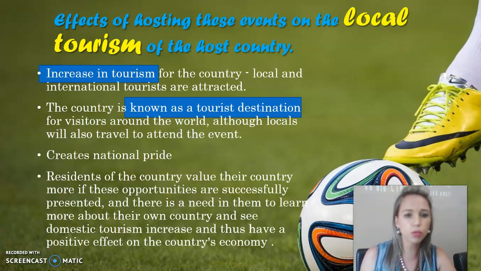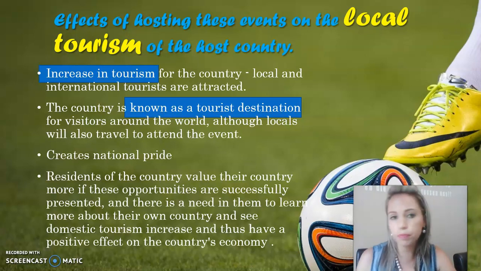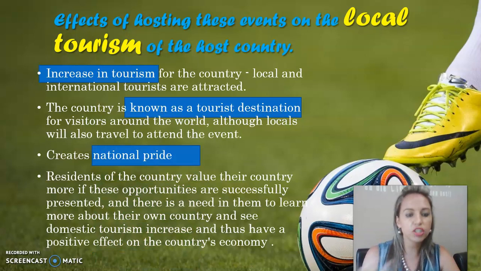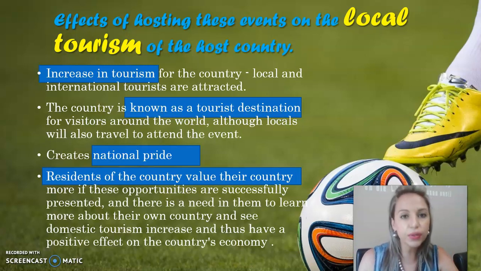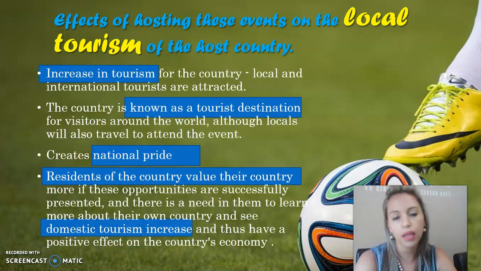Now, the second one, I'll put my block around known as a tourist destination. Okay, then national pride. And the last one, residents of the country value their country. And this leads to, and it's for the next one, domestic tourism increase.